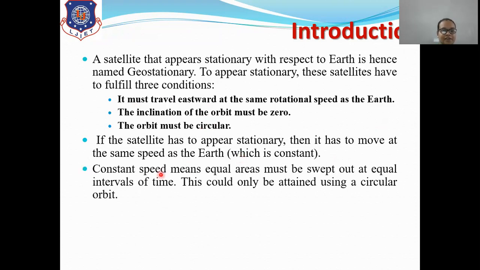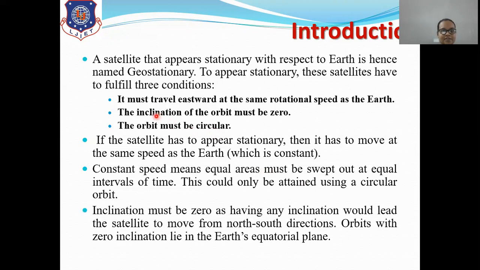Now, second, constant speed means it is following Kepler's law, that equal areas must be swept out in equal intervals of time, and this can only be achieved by using a circular orbit. So for this, the third condition must be fulfilled, that the orbit must be circular.